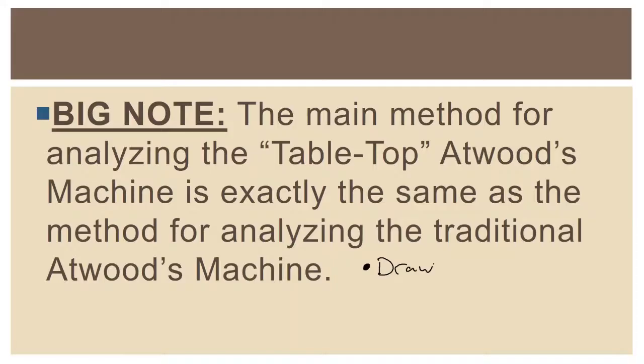We draw the free body diagram. We write our equations. And then we solve. That's it. No matter what kind of dynamics problem we're actually talking about, that's the way we're going to do it. And that's an important thing to keep in mind. I'd like you to take a second to pause this video here, write that down, and when you hit play, we'll take a look at the actual setup here.